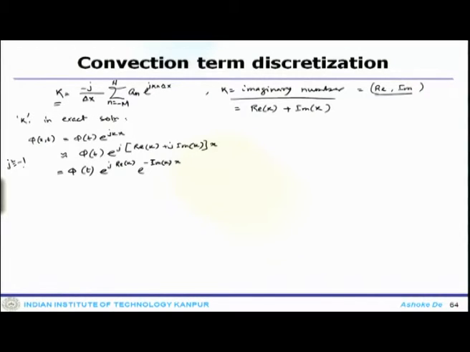So, if you look at the numerical solution, it may include both terms. That means it may include both diffusion and dispersion. The diffusion will make the solution diffusive in nature, and dispersion will lead to some small oscillations at sharp gradients.